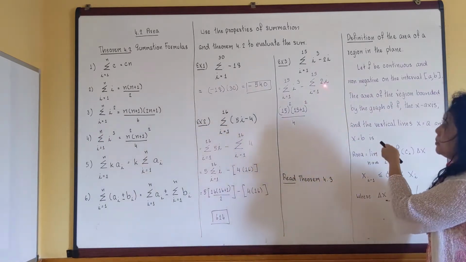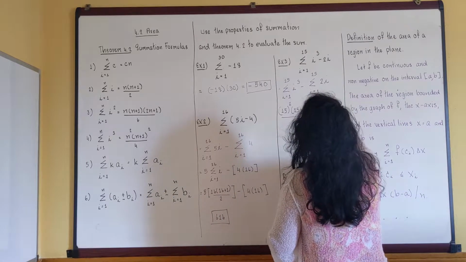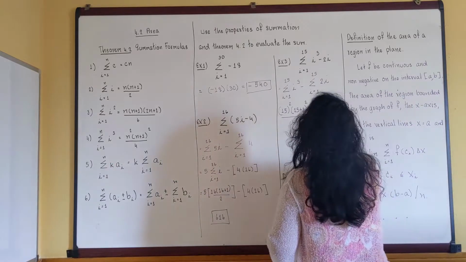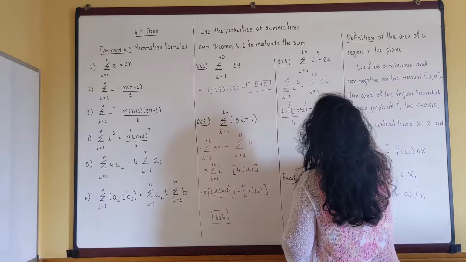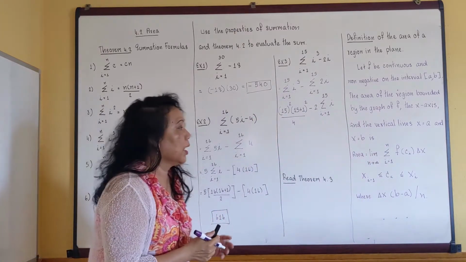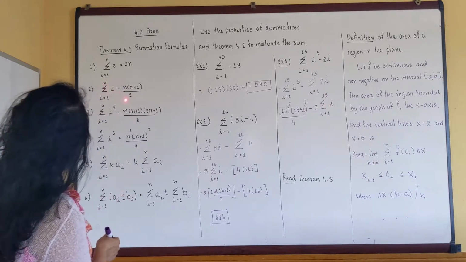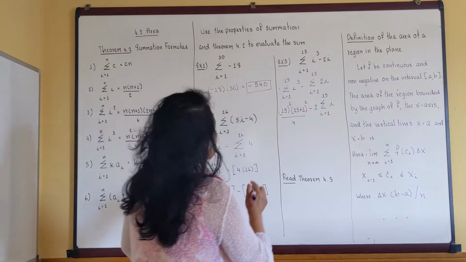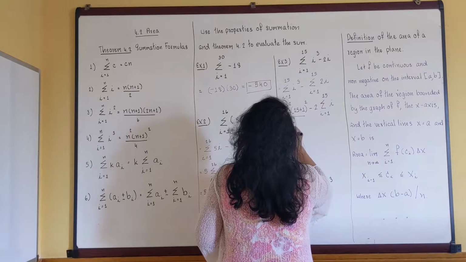For the second term, I'm going to bring out the 2. That is property number 5: I can bring out the constant. Then I have sigma, i from 1 to 15, of i, and I'm going to use property number 2 for this second term. Let me write everything out for now.